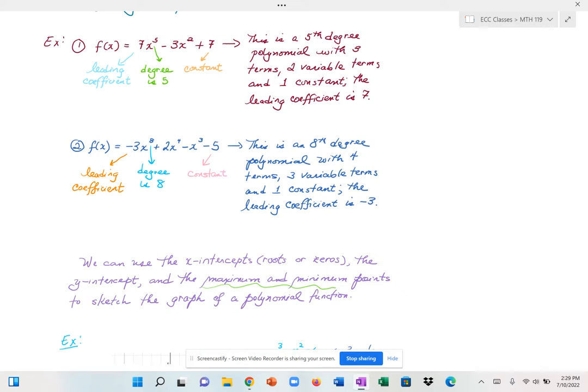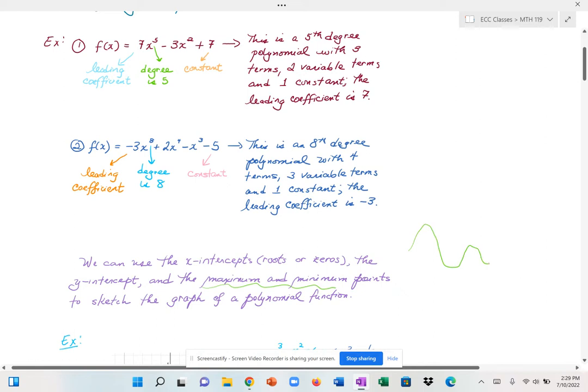Quadratics fall under the umbrella of polynomials, but when you have a higher degree greater than 2, it is possible that you could have both maximums and minimums. Your graphs could be oscillating in different directions like this. So you could have multiple maximums and minimum points as you see, something like this.